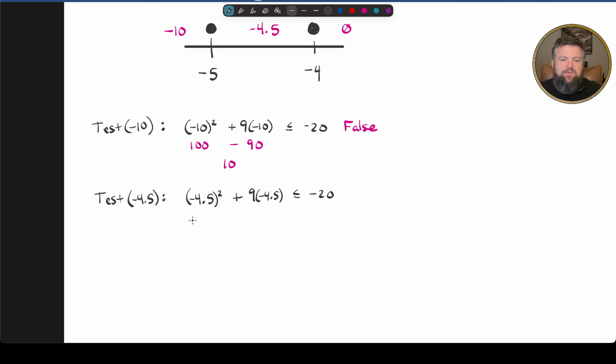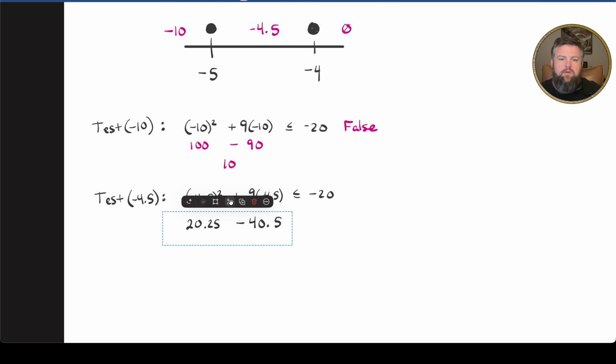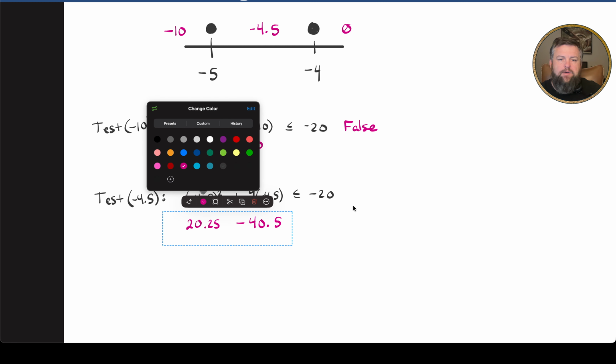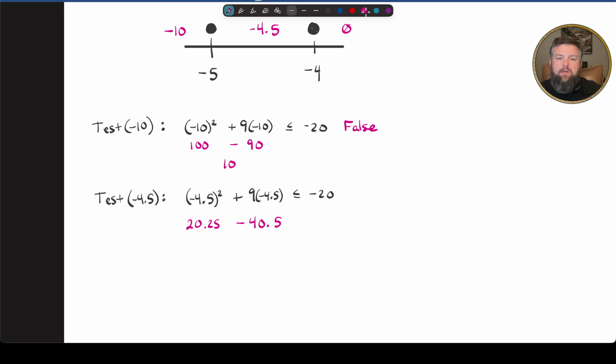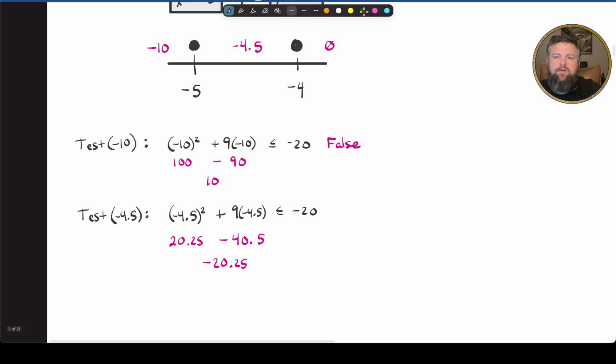Well, negative 4.5 squared is going to be positive 20.25. 9 times negative 4.5 is minus 40.5. Okay, and then this reduces down to negative 20.25. Is negative 20.25 less than negative 20? Absolutely. So this is the solution region that we want to include.